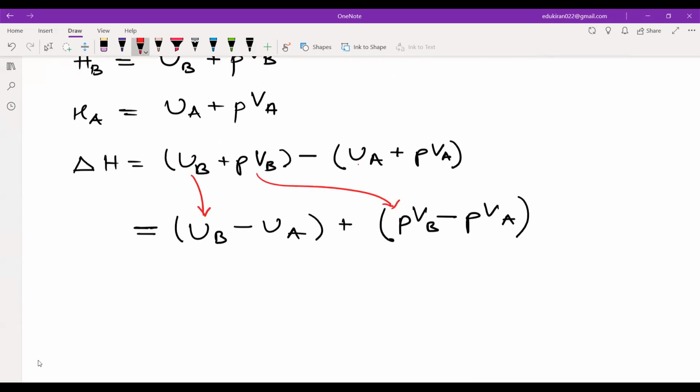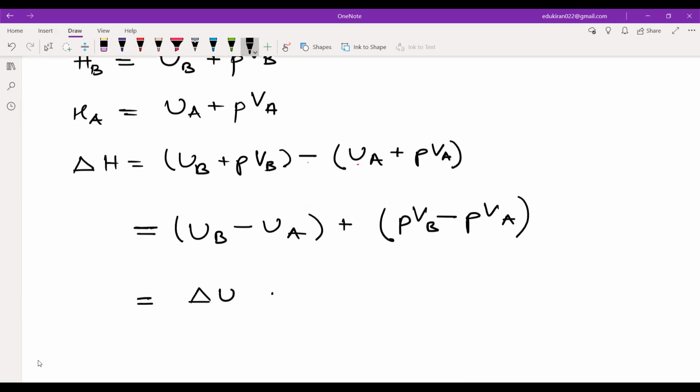UA was negative here, it is also negative here. PVA was negative because minus into positive is negative, and it is also negative here, right? So all of these are fine. We have just rearranged this, yes or no? Any problem here? No, sir.